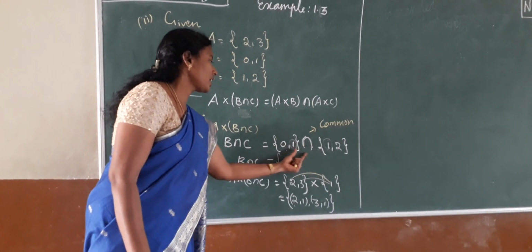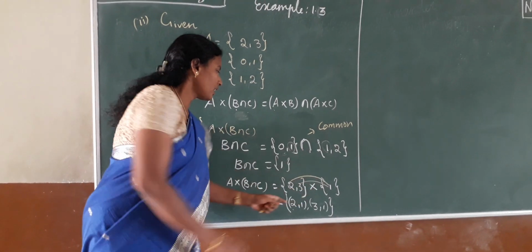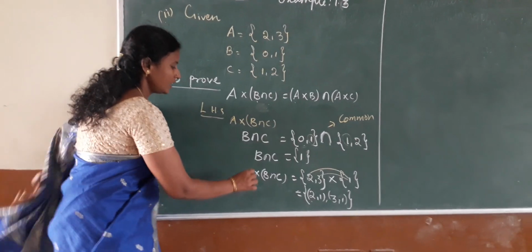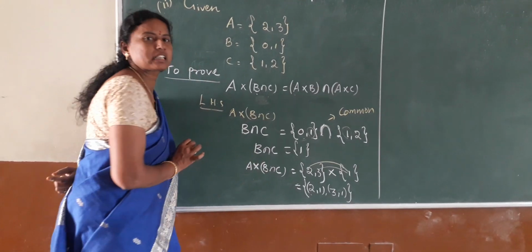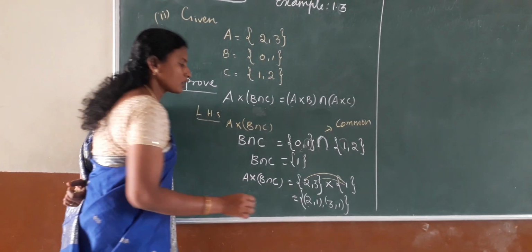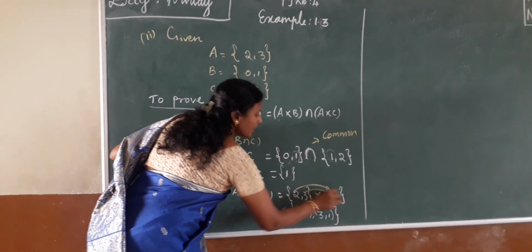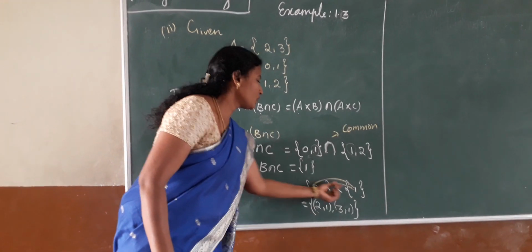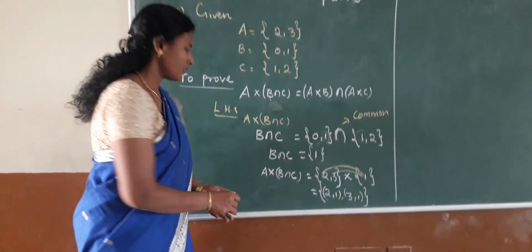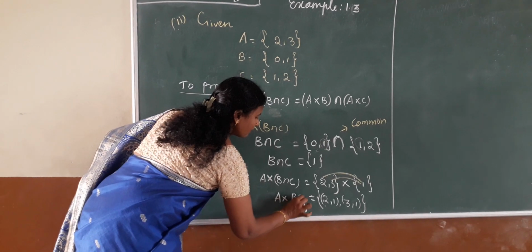Which element is common? You write this value 1. Here the operation is cross. Cross means you take the ordered pairs. Already I told you, you draw the line for each set, from set A to set B ∩ C, and write the elements. Clear? Finally, we find A × (B ∩ C).